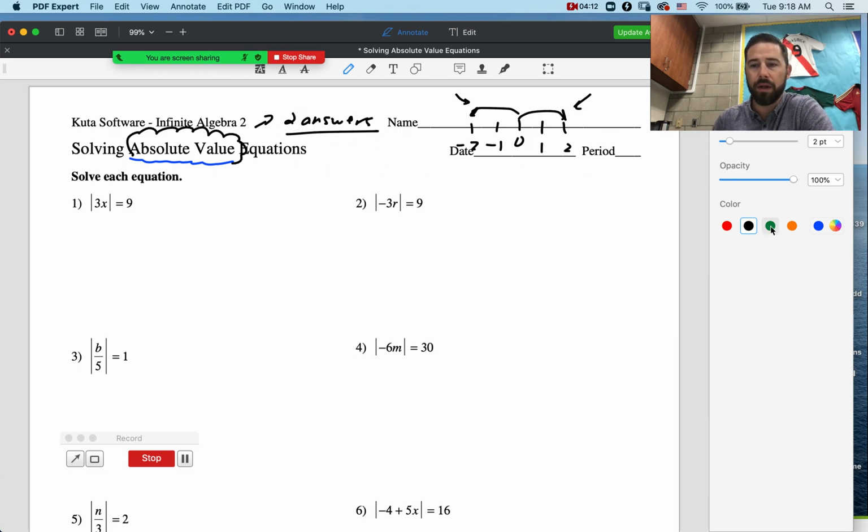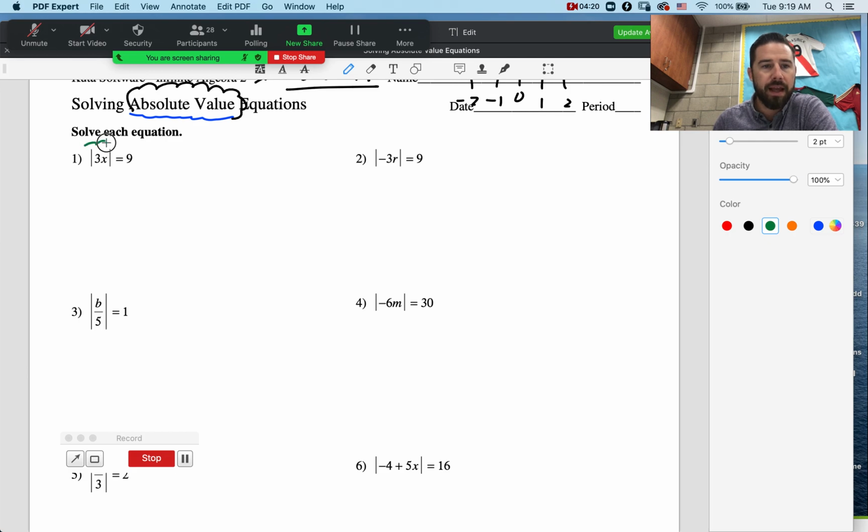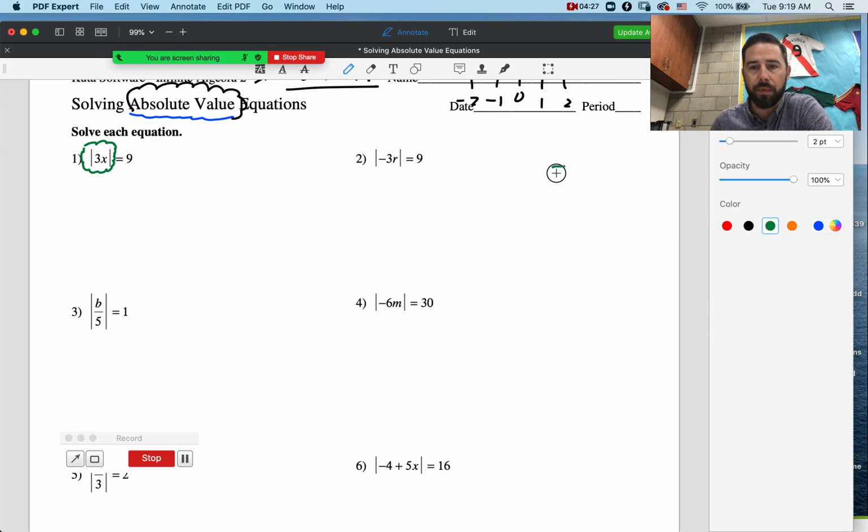Now we're going to start doing some math. We'll try and keep it pretty simple today. You want to ask yourself always, is the absolute value by itself? Here's our equal sign, there's our absolute value of 3x, and here's our 9 on the right-hand side.